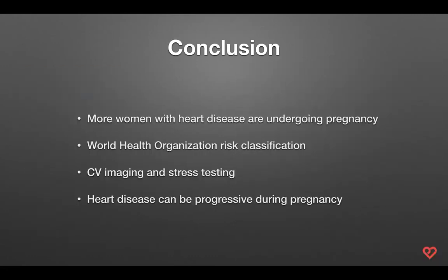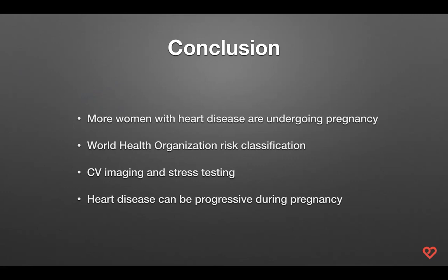So when you are thinking of pregnancy, remember more women with heart disease are undergoing pregnancy. Use the WHO classification to help you systematically go through the patient's risk pre and post pregnancy. It also reminds you what to quantitate as you perform the cardiovascular imaging.